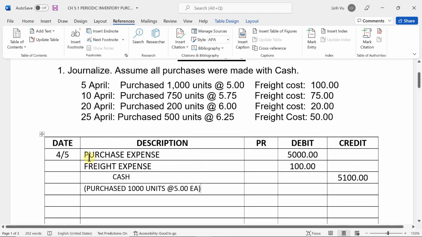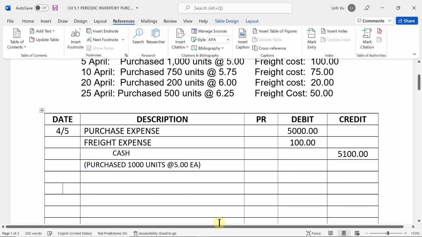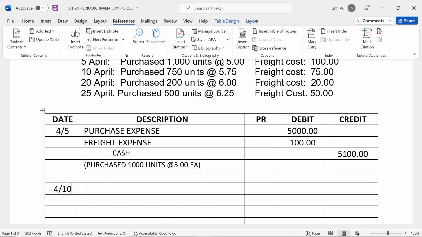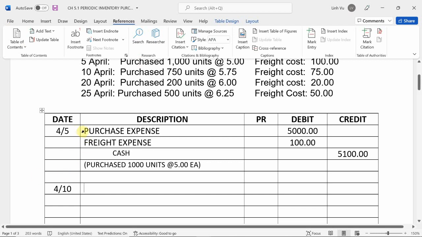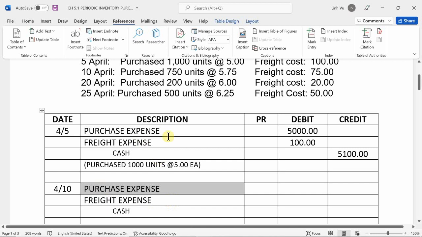Let's practice with the second one. April 10, I purchased 750 units at $5.75 each. Freight was $75. Purchase expense. The great thing about technology is you have the ability to copy and paste. Purchase expense, freight expense, we paid with cash.